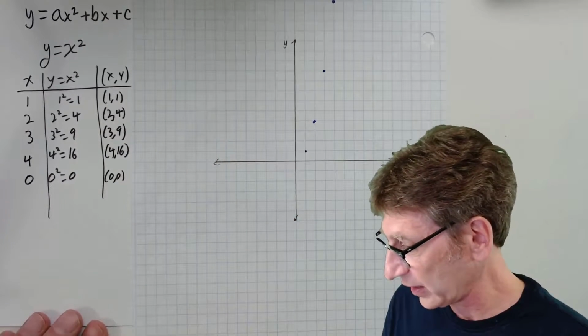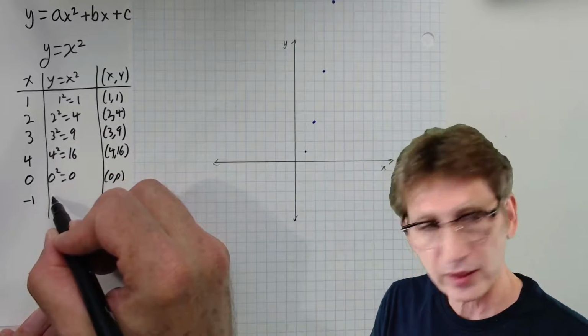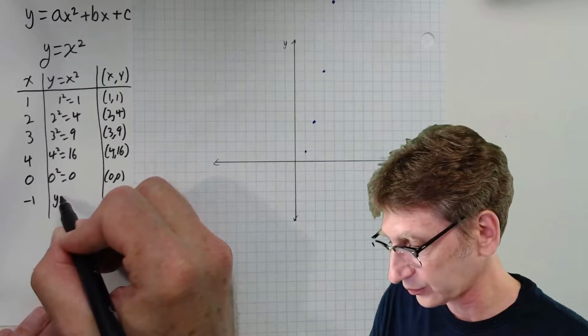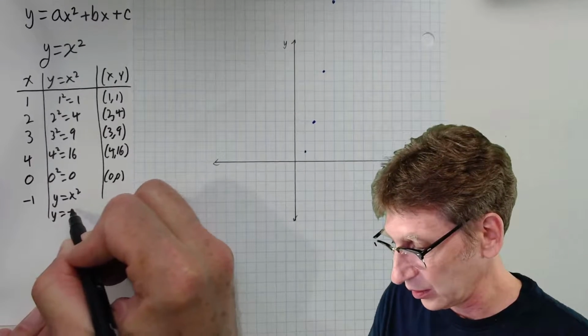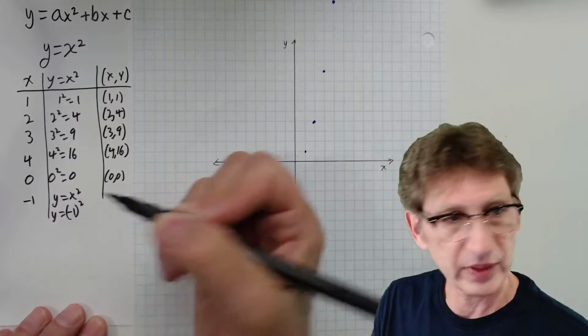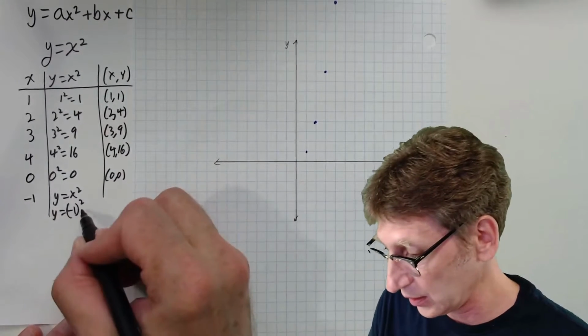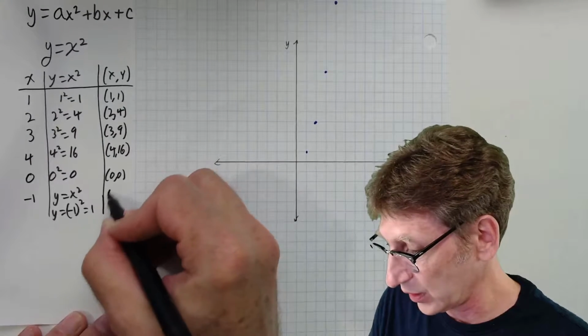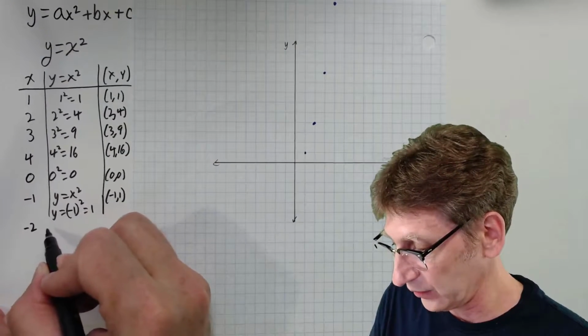And now we've got to go to the negative numbers. -1. Be really careful when you do this, because if y is x squared and x is -1, since our base is negative, we keep it in parentheses. -1 times -1 is 1. (-1) squared is 1. (-1, 1). And let's put in -2.